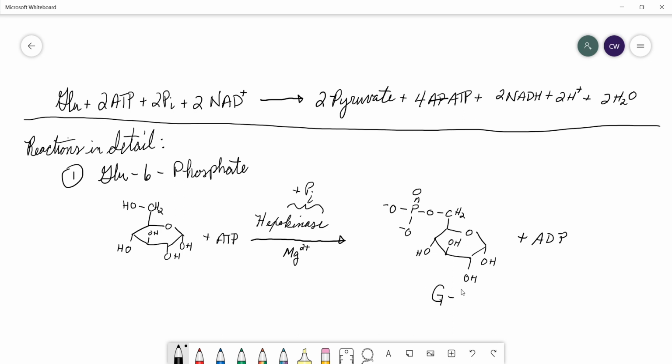I tend to abbreviate this in my notes as G6P because lazy. So in this form here, the glucose 6-phosphate can be passed to another enzyme and used in a further reaction.